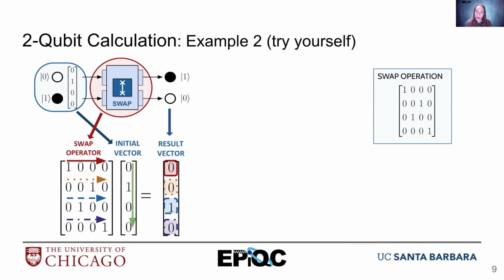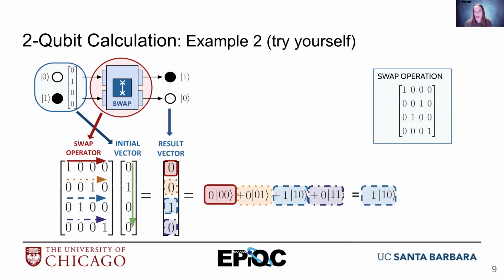Now that intuitive way of looking at it only ever works if you have all zeros in all your rows and columns, except for a single position that has a 1 in each one. All right, so then we can put these back out in Bra-Ket notation, and that results in a 1, 0. Okay. And so if we put that back into our visual representation, we see that it matches what we got in the visual representation.